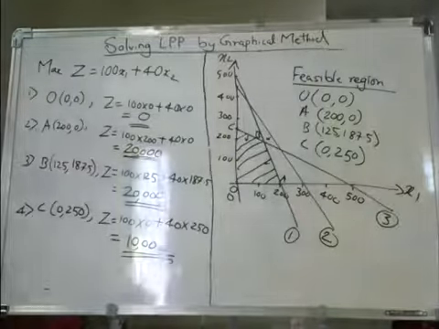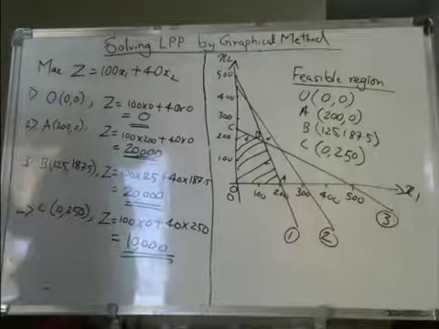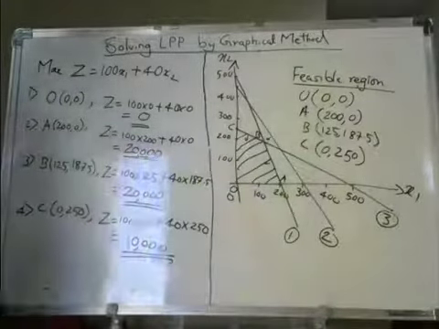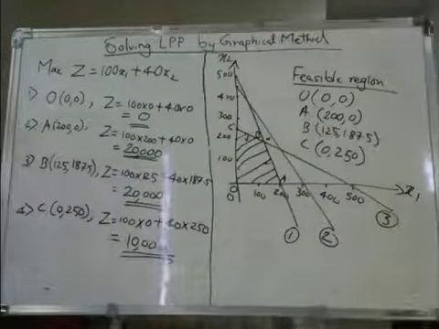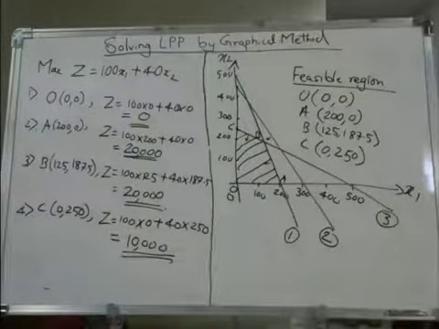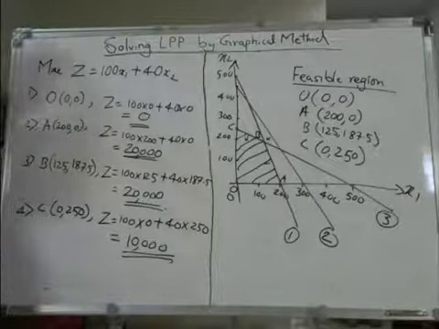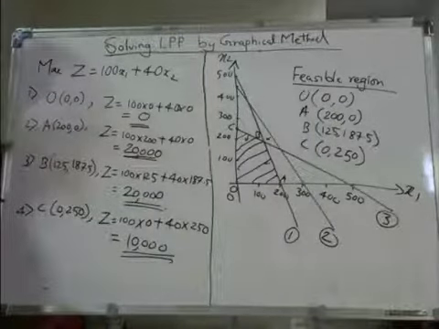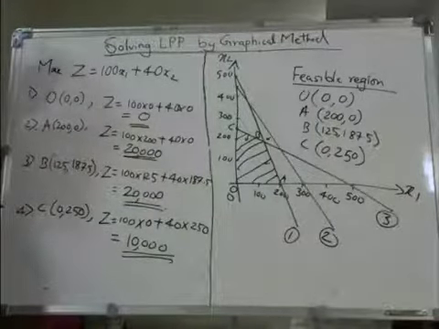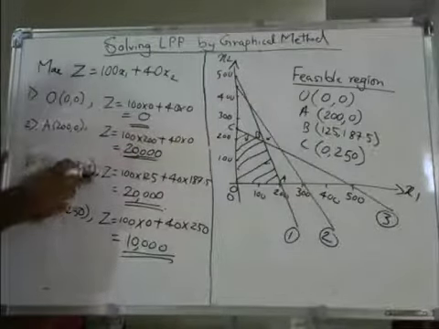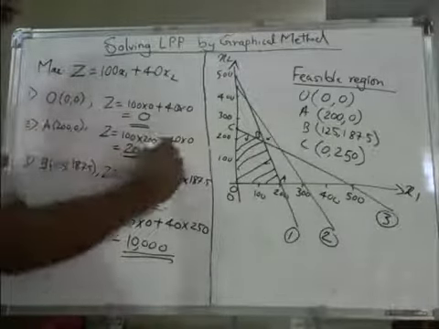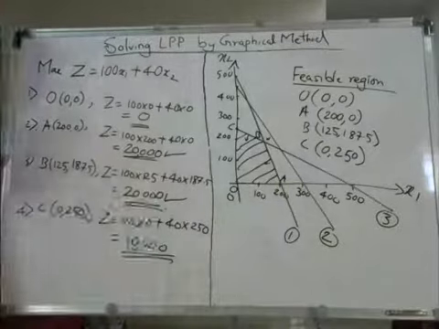Okay. So anyway, we have substituted all the coordinates in the objective function, and we have got the optimal solution here. Now the maximum value of Z is 20,000, which we are getting here also and here also.